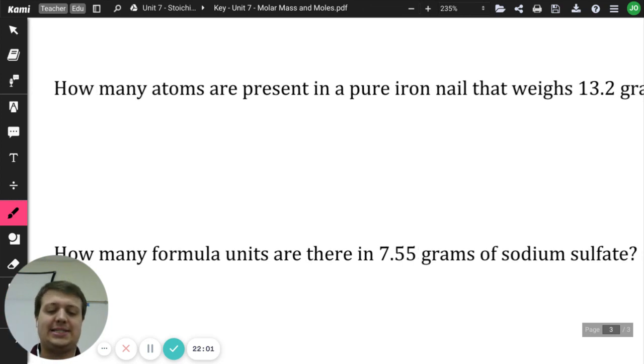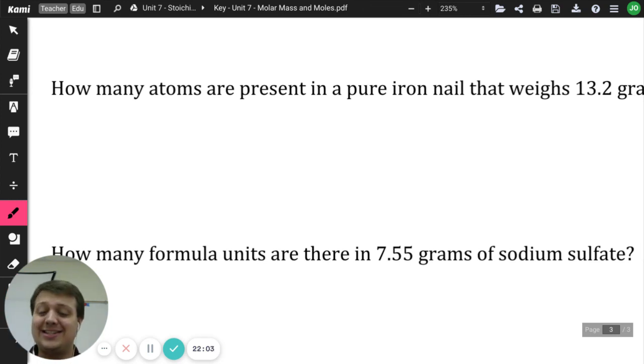So in this case, it says how many atoms are present in a pure iron nail that weighs 13.2 grams. Now we've got mass and we're solving for atoms. We don't know a conversion of mass into atoms, but we do know a conversion of atoms into moles, and we also know a conversion of moles into mass. So let's actually work this problem.